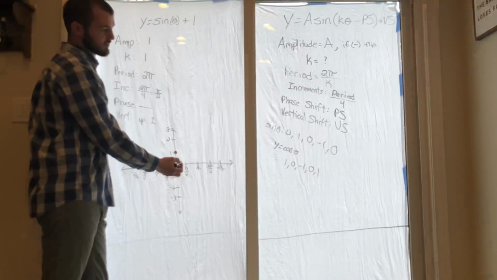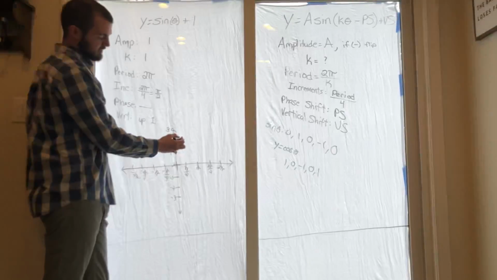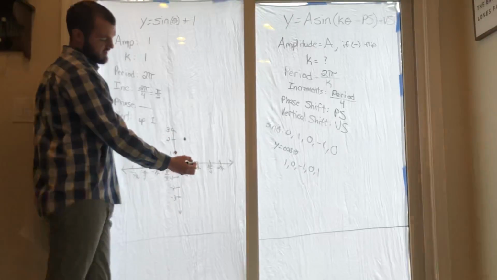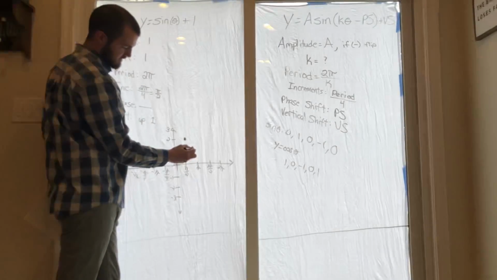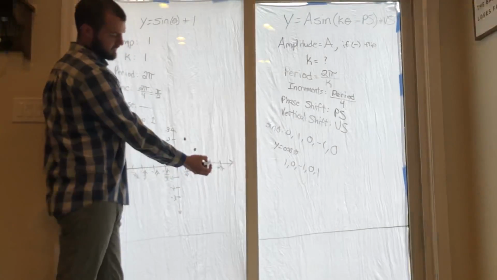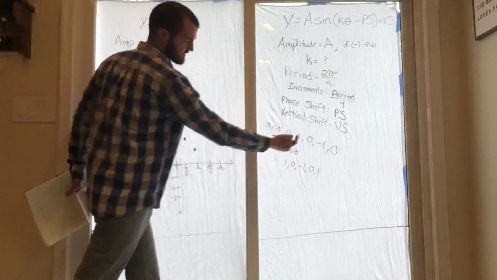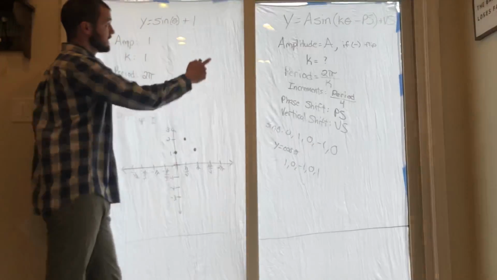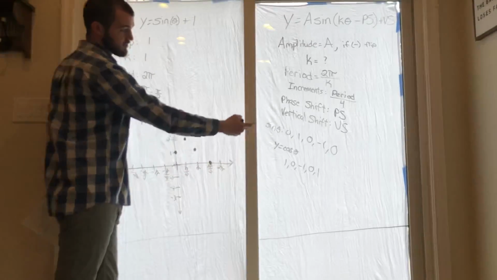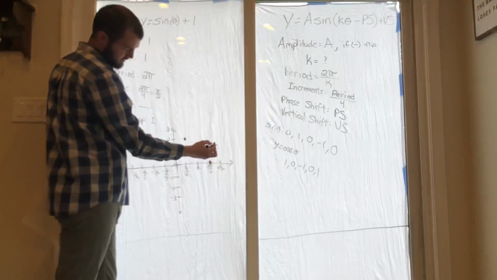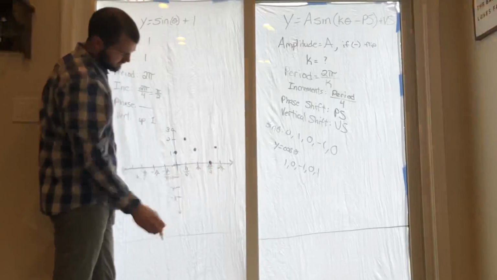At pi over 2, it's 1 plus 1 is 2. At pi, it's 0 plus 1 is 1. At 3 pi over 2, it's negative 1 plus 1 is 0. And at 2 pi, your 0 plus your 1 is 1.